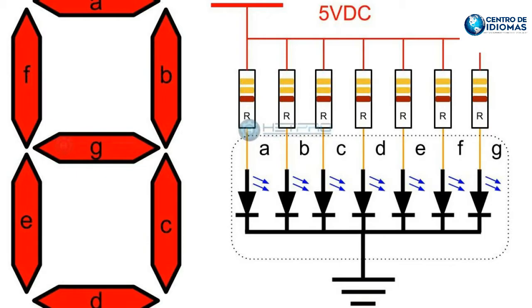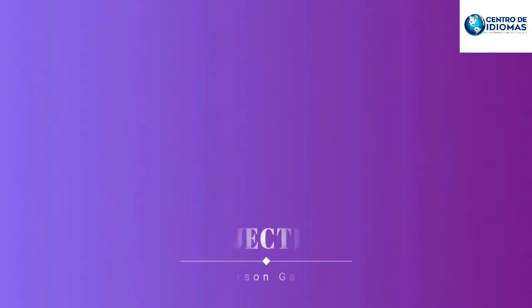digital systems. In this Arduino lesson, we will make a small counter that will go from 0 to 9, and for that we will use a 7-segment display.